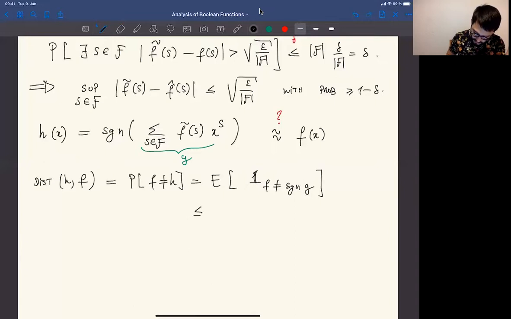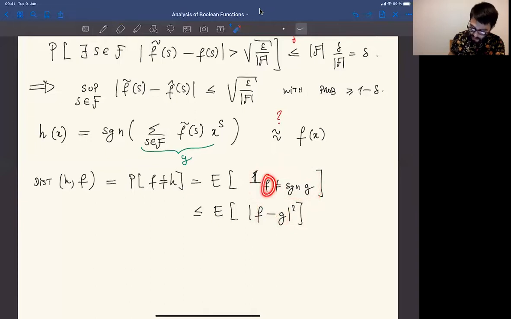But this is less or equal than the expectation of f minus g squared. Because, well, if f is plus 1, and the sign is different, this is negative. So then you do plus 1 minus something, so this is bigger than 1, which is bigger than this value.